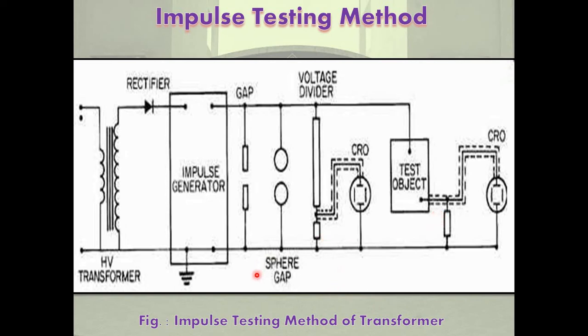Now, the sphere gap. Sphere gaps are used for measurement of high voltage, such as the peak value of power frequency alternating voltage, impulse voltage waves, and direct voltage. The procedure consists of establishing a relation between the high voltage as measured by the sphere gap and an indicating voltmeter and oscillograph or other device connected for voltage measurement.